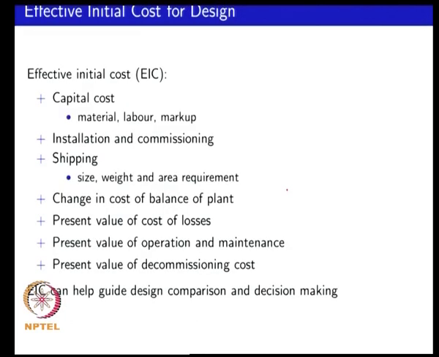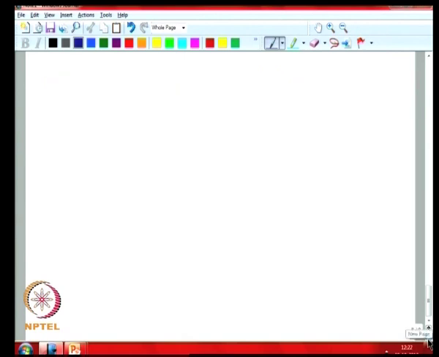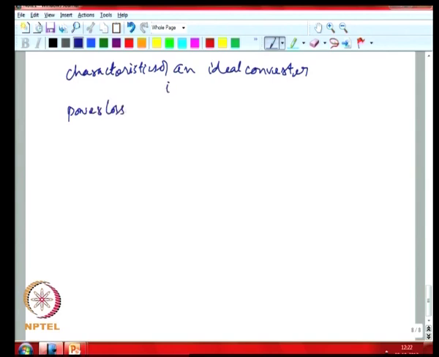So, if you look at the ideal power converter, if you look at power loss, the ideal converter should have 0 power loss.